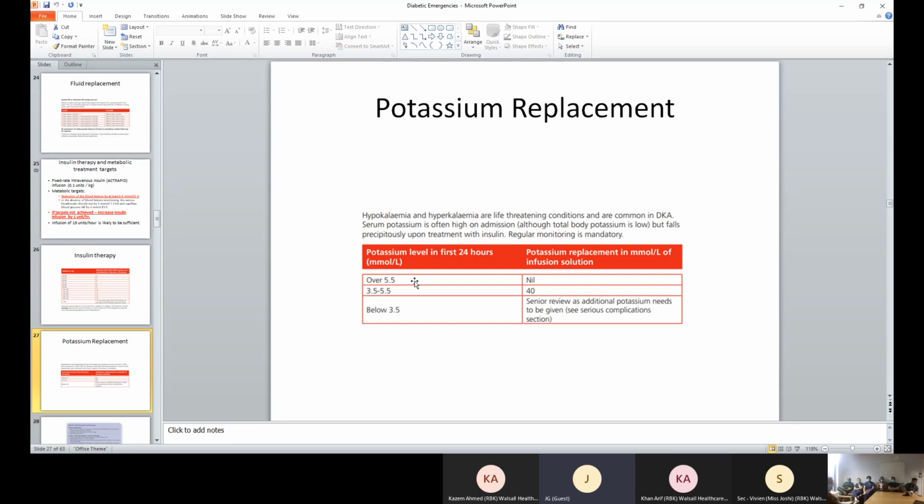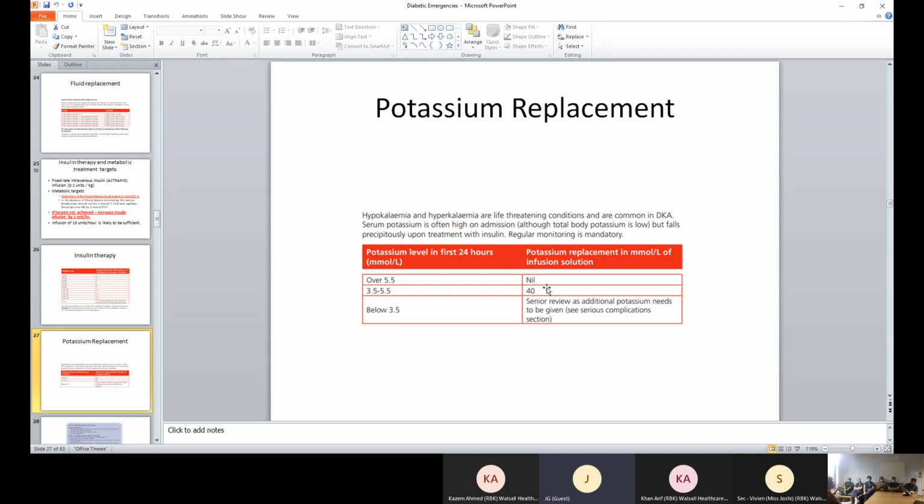If it is between 3.5 and 5.5, you add 40 millimole. That second bag is going to be given over 2 hours, so the rate would be 500 mils per hour.